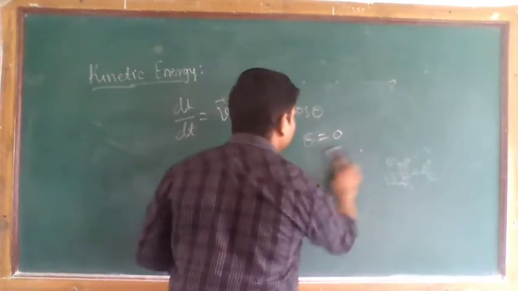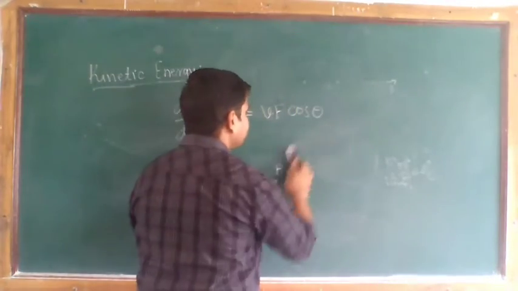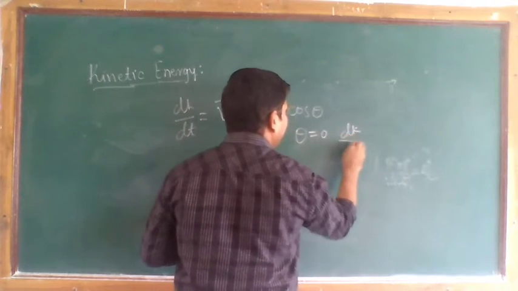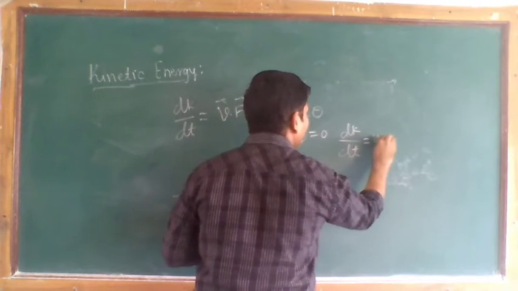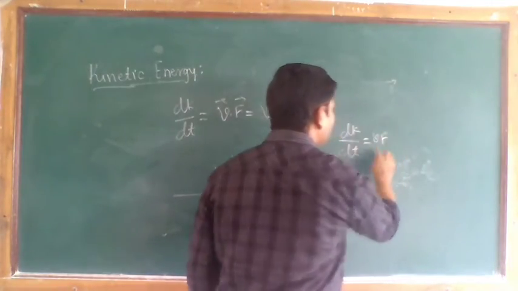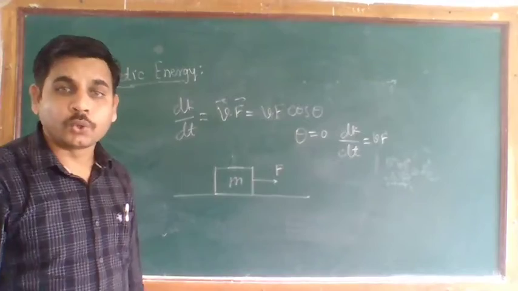For theta equal to 0, you get dK/dt equal to P into F. So it is basically the product of your velocity and applying force.